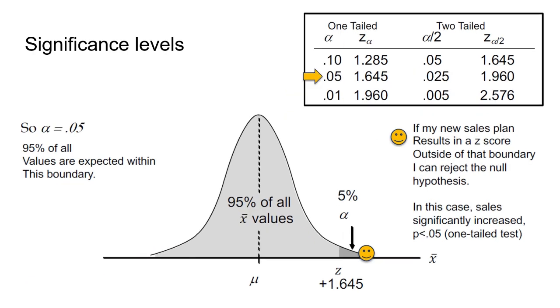Now let's look at the other situation, where my sales plan will increase sales. And here I could say we can use a one-tailed test. So the hypothesis is only that the new plan will increase sales, right?